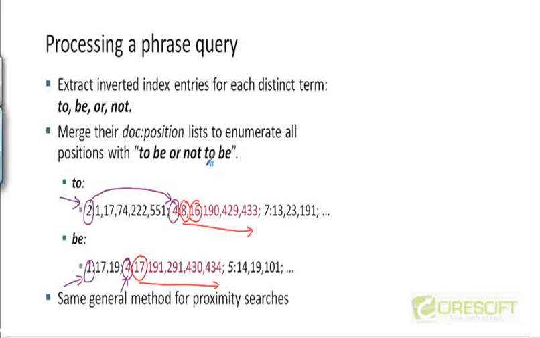But does it contain the entire phrase to be or not to be? Well, this pair is not a good decisive pair, because if you look at the next occurrence of the word to, it's 190. We wanted the next occurrence to be separated by just 4 places. So we're not going to output this to the answer.